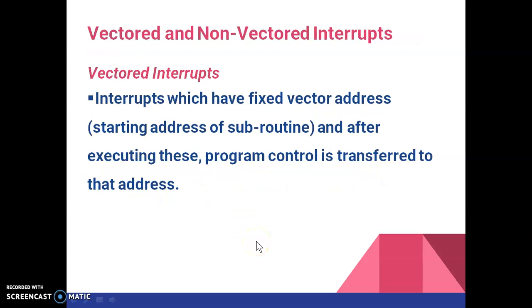Next type of division is vectored interrupts and non-vectored interrupts. What are vectored interrupts? These are the interrupts which have a fixed vector address. That is, for these interrupts, the starting address of the subroutine is fixed. And after executing the particular subroutine, the program control is transferred back to the original program.